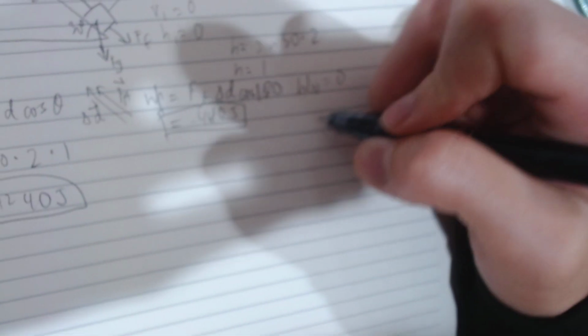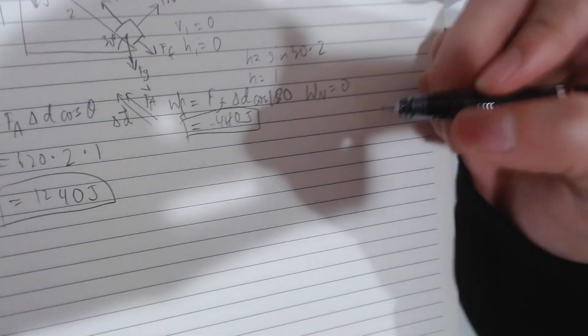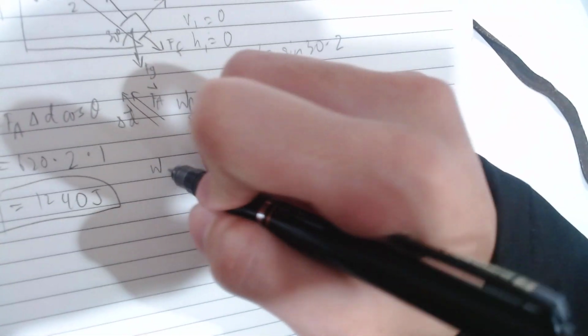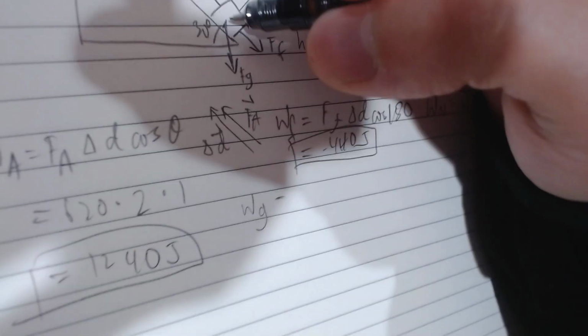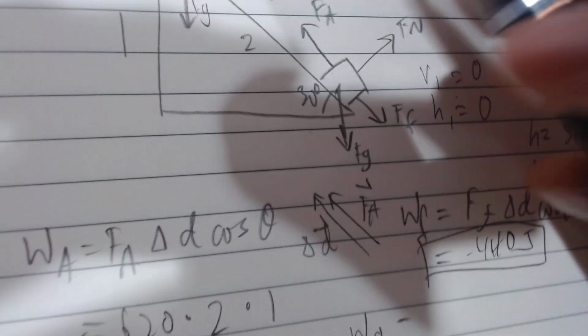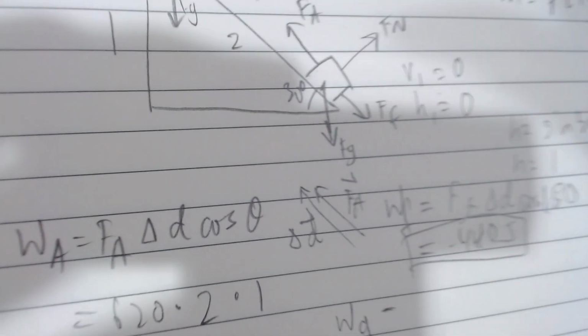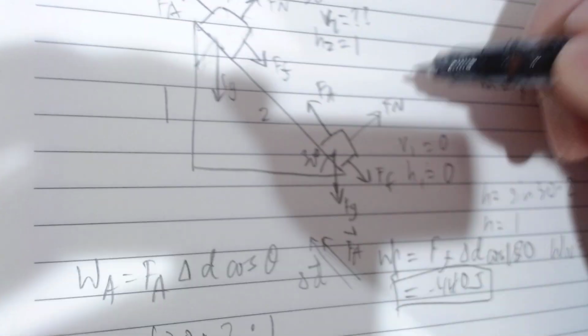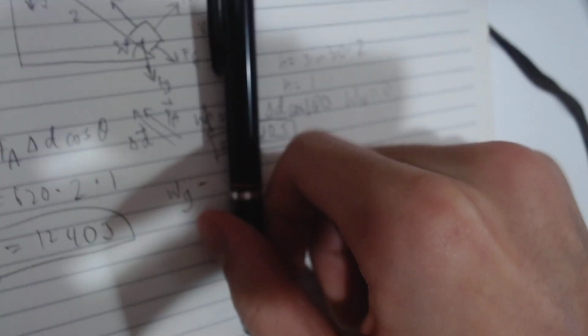The work of the normal force is always 0, and then the work of gravity. This one's a little more complicated since gravity, as you can see, is pointing downwards, and it's not 90, and it's not 0 degrees. What we know is that it's pointing straight downwards. So if something's pointing straight downwards and there's a slope, what is the angle here?